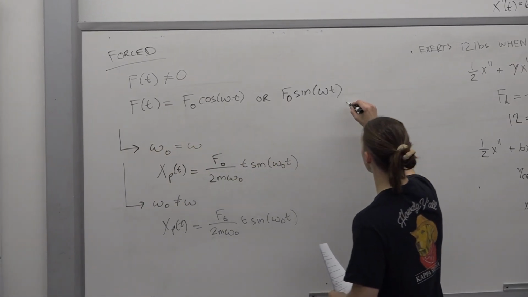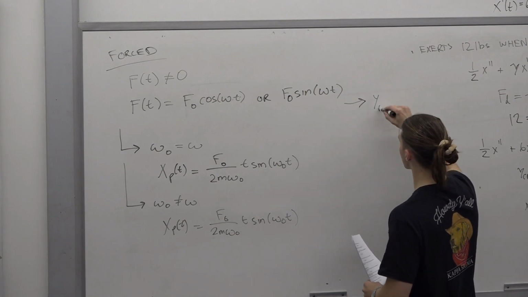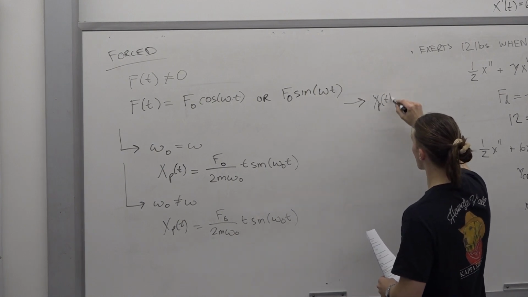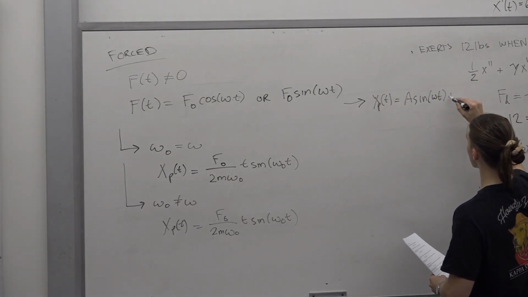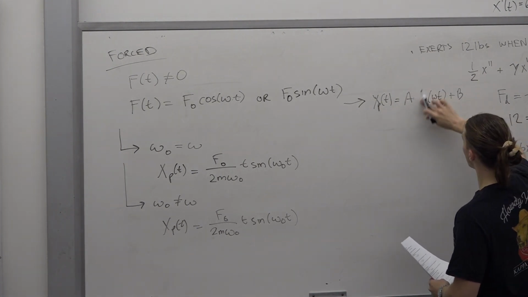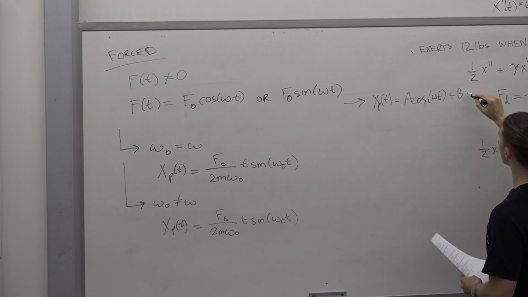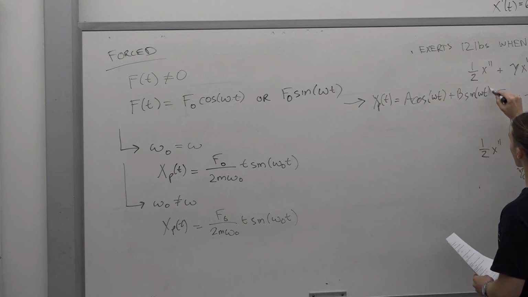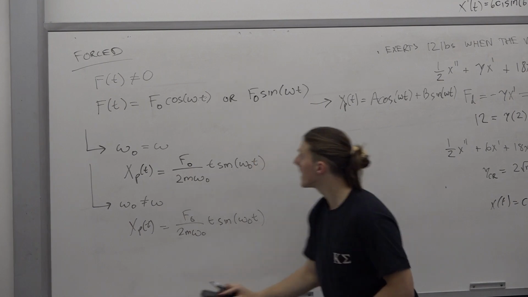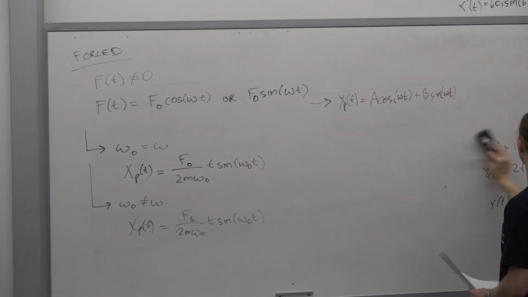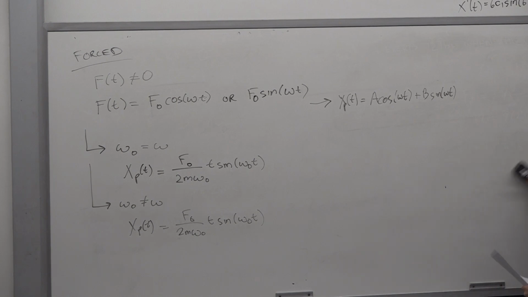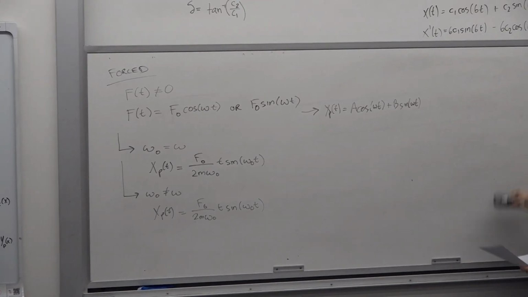If it was any of these, your specific guess for the particular solution would be like a sine omega t plus b cosine omega t. But it's just an equation to get there faster. We can still figure it out in the same ways we did before.